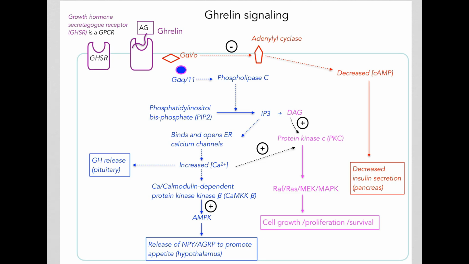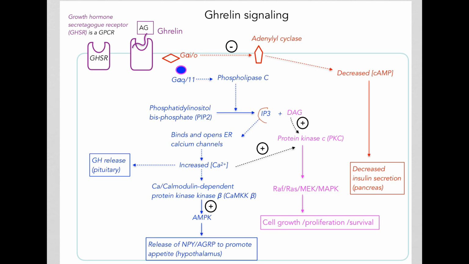So in this case, the binding of ghrelin to the receptor stimulates this G protein called G-alpha Q11, and this protein then goes on to activate the enzyme phospholipase C. This enzyme phospholipase C catalyzes the breakdown of phosphatidyl inositol bisphosphate or PIP2 into IP3 as well as DAG.